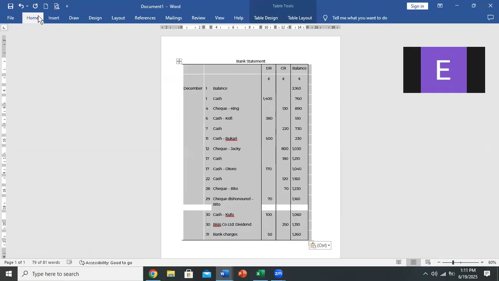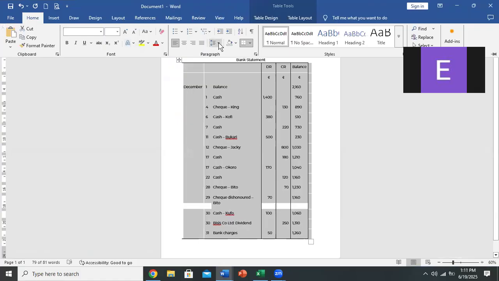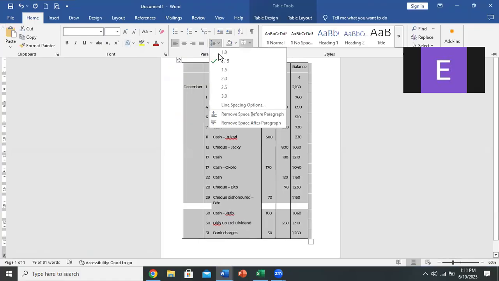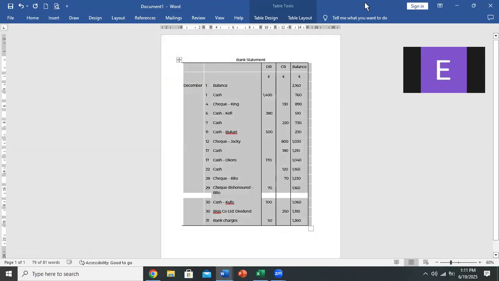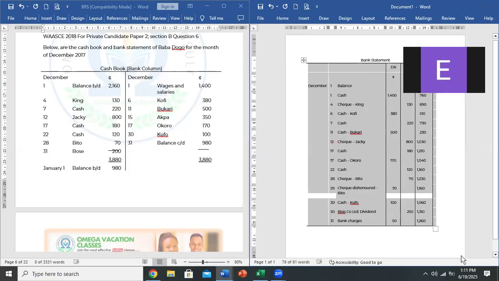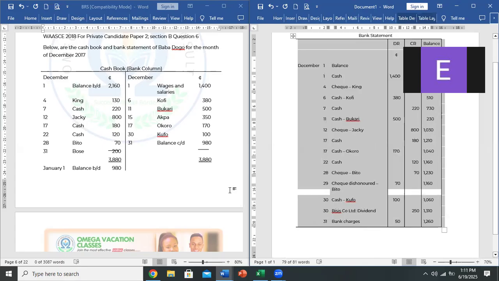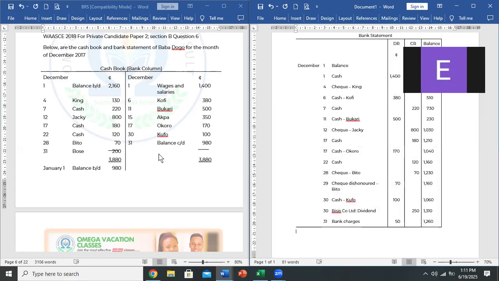You would have to be scrolling. So let me get the two side by side. Okay, I think it's okay now. So you can now see the cash book on the left side and the bank statement on the right side.